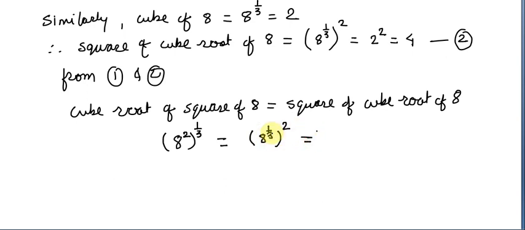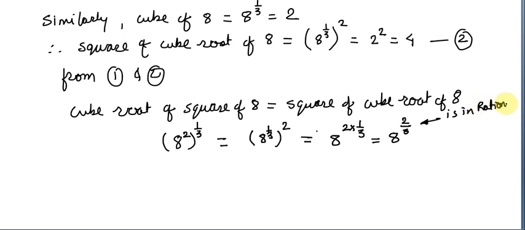Or if we combine by laws of indices, index of index, from that law we can combine these indices as 8 raised to the power 2 into 1 by 3, that means 8 raised to the power 2 by 3. Now this index is in the rational form.